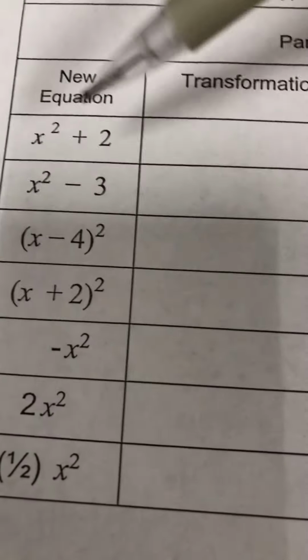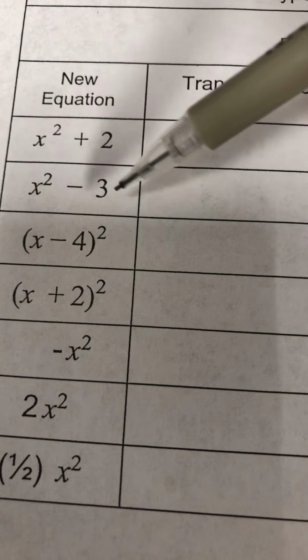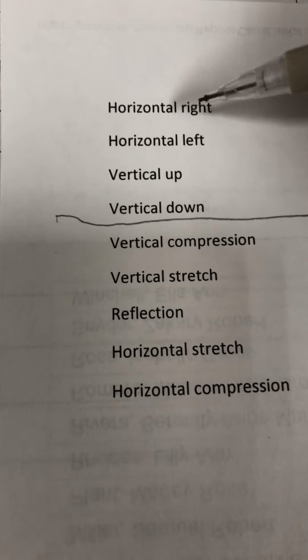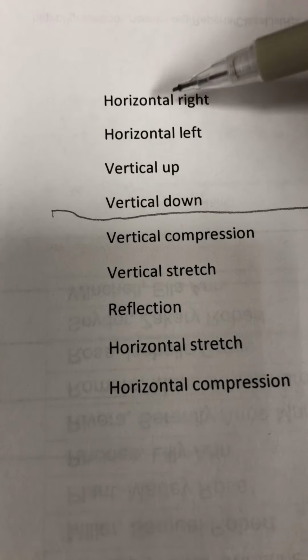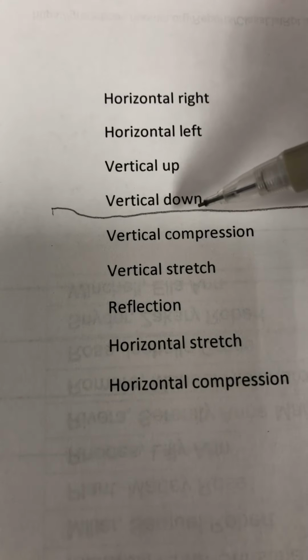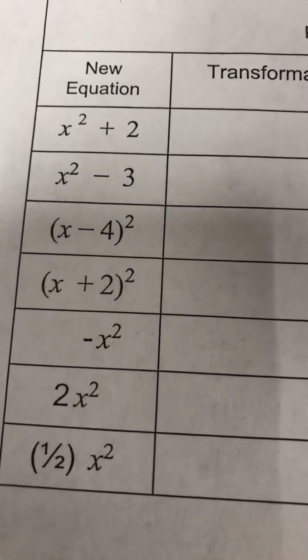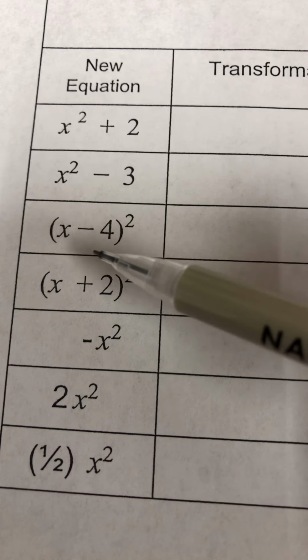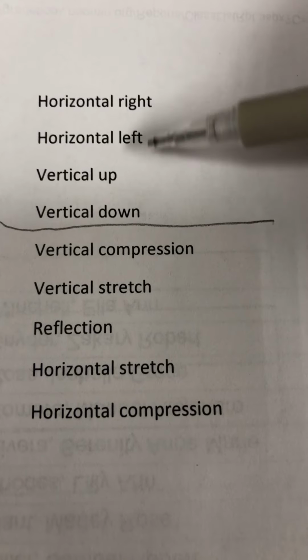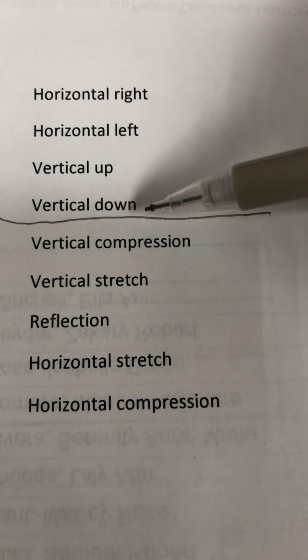So then you have x squared minus 3. Okay, and here are your choices, and it's in the top. It's either going to be horizontal right, horizontal left, vertical up, or vertical down. Then you have, in parentheses, x minus 4, squared, and that's going to be one of the top 4 here: horizontal right, horizontal left, vertical up, vertical down.